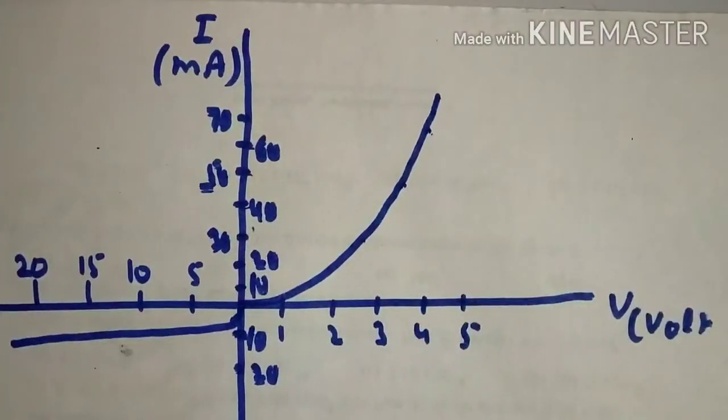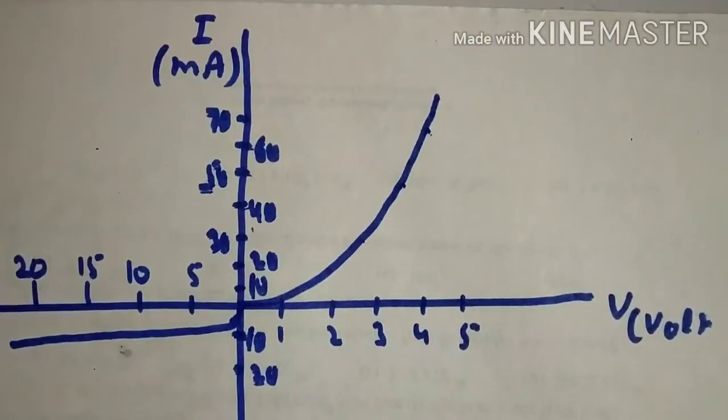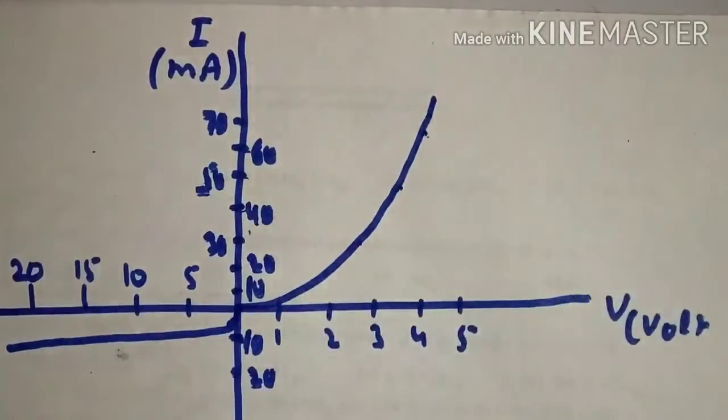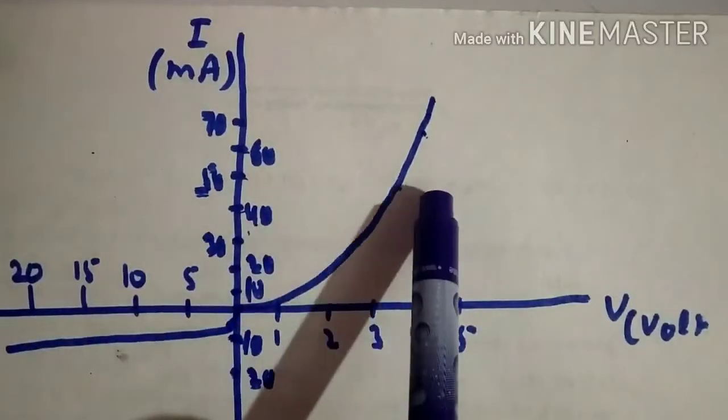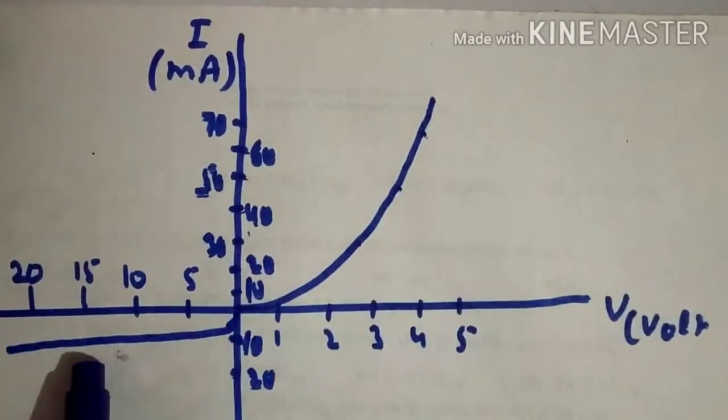After studying the working of the PN junction diode and its characteristics in forward bias and when the diode is reverse biased, let's try to solve one question. Suppose that this is the characteristic curve of a PN junction diode. Obviously this is in the forward biased and this is in the reverse biased.